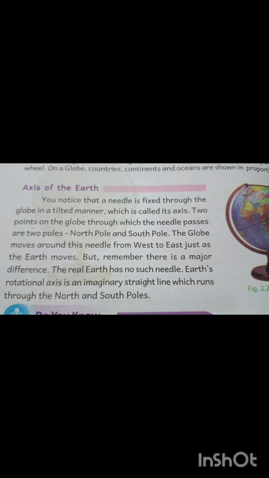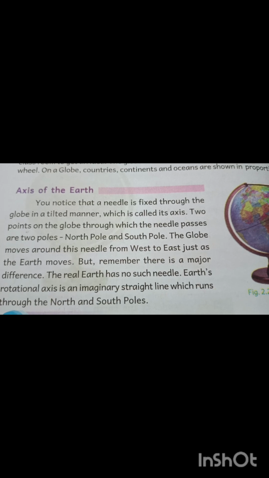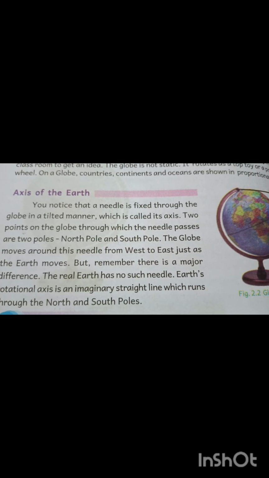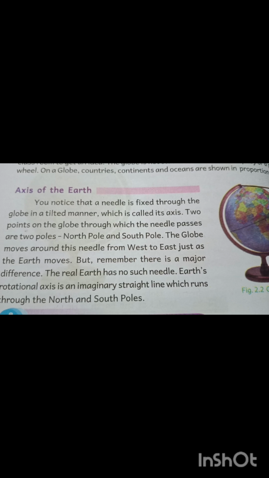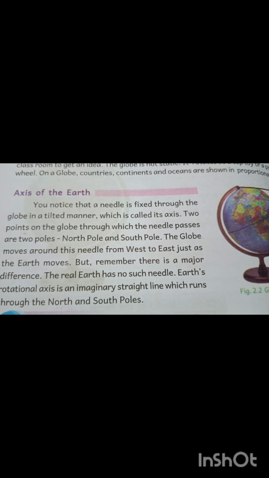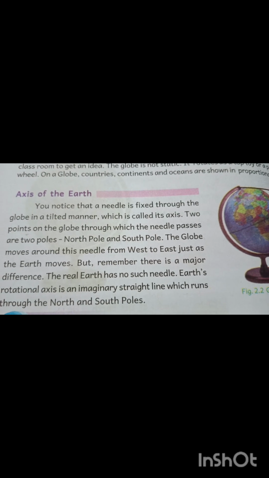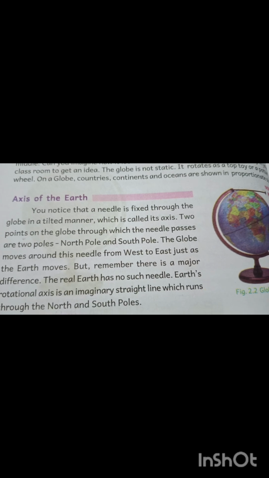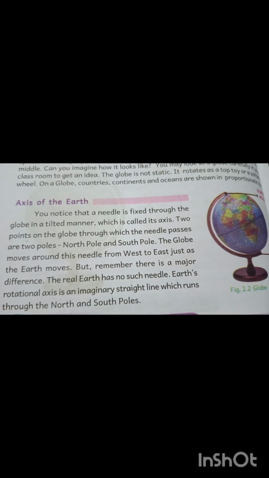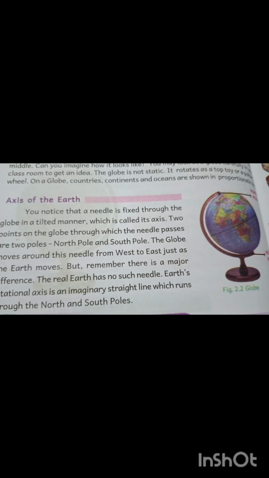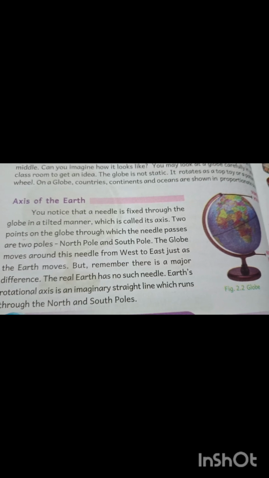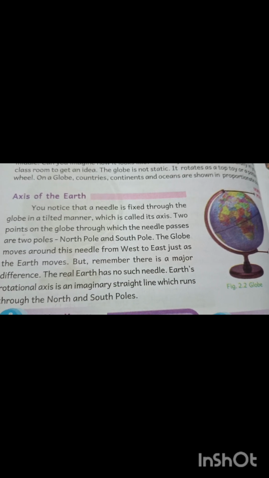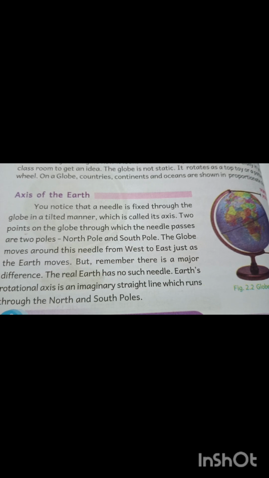Axis of the earth. You notice that a needle is fixed through the globe in a tilted manner, which is called its axis. The 2 points on the globe through which the needle passes are two poles, the North Pole and the South Pole.